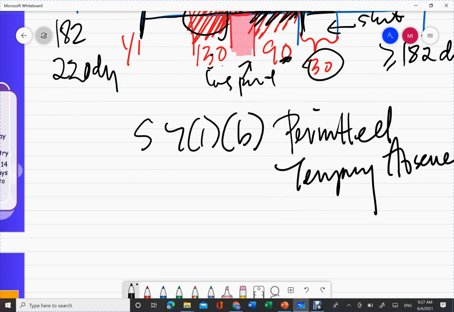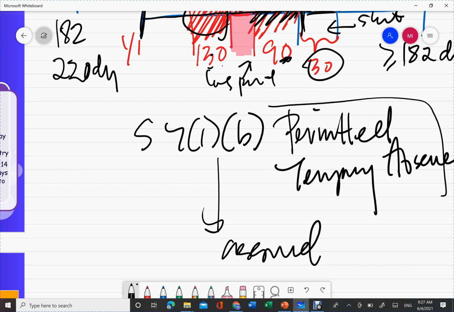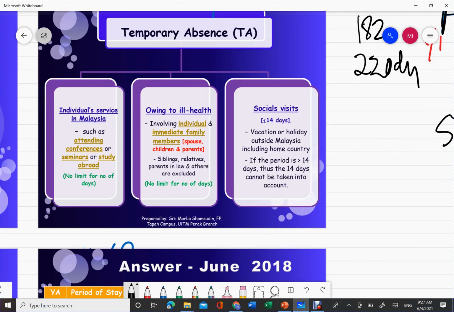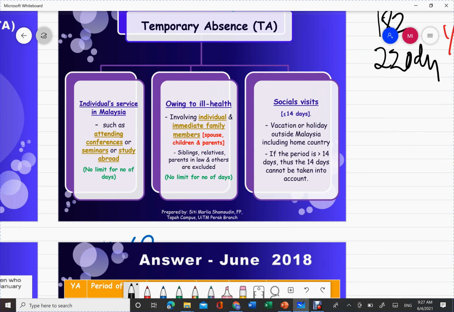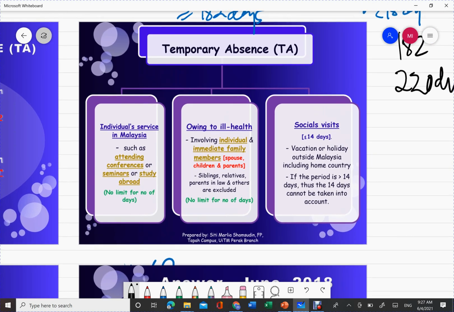But what happened under Section 71B, we are going to deem the person is in Malaysia. Walaupun sebenarnya dia tak ada kat Malaysia. Tapi sebab dia dapat status permitted temporary absent, dia punya tak ada kat Malaysia is considered as to be in Malaysia. And this temporary absent, ada 3 sebab saja kenapa permitted temporary absent ni dibenarkan wujud.